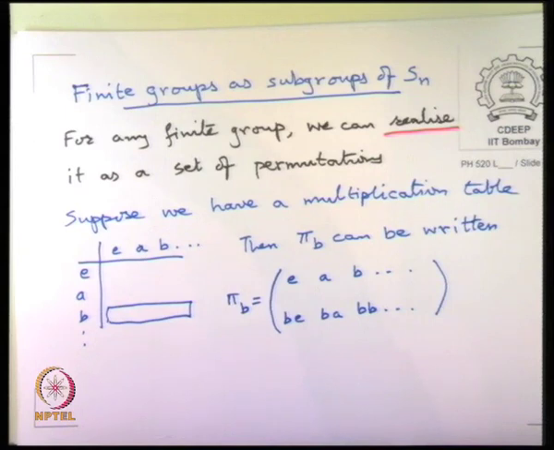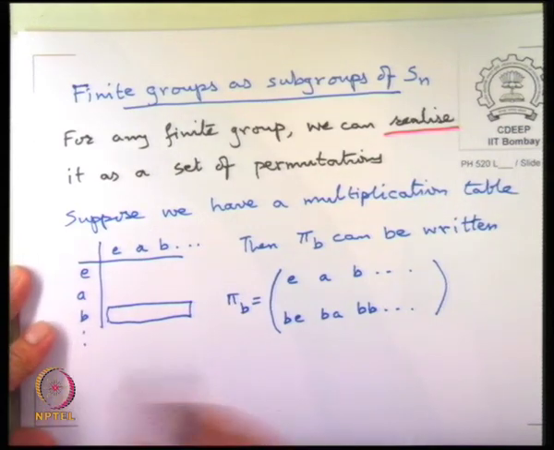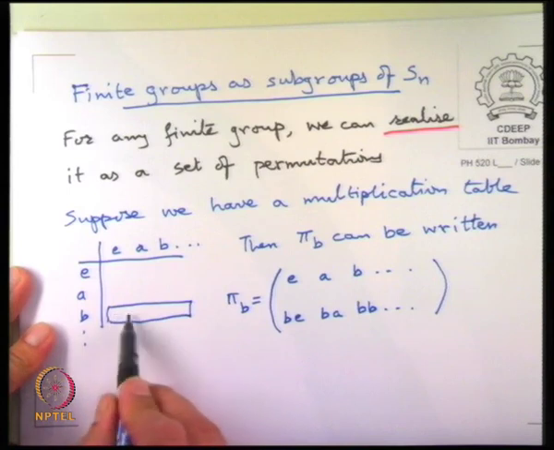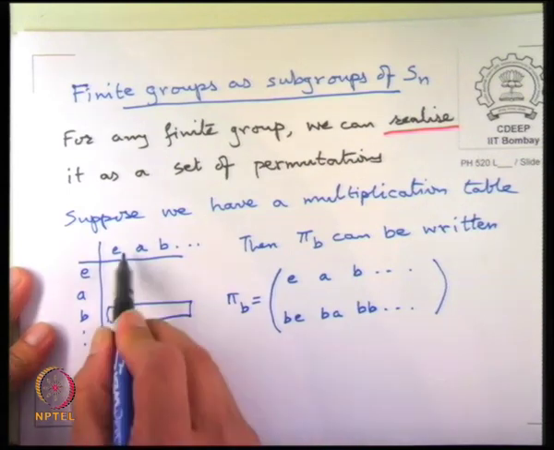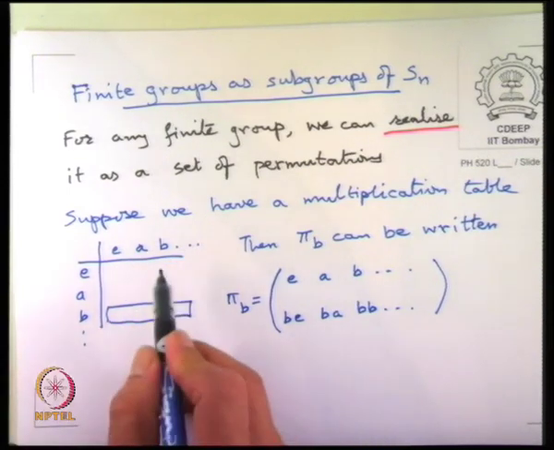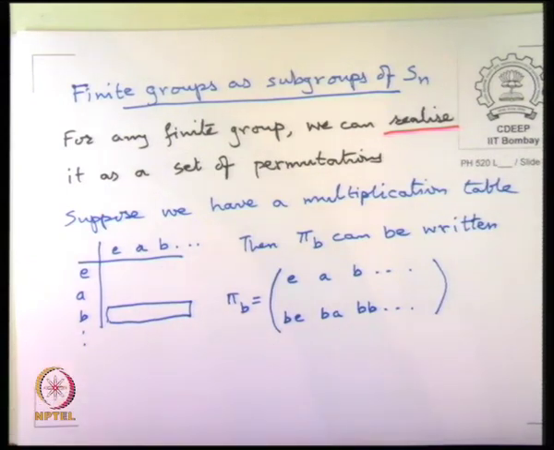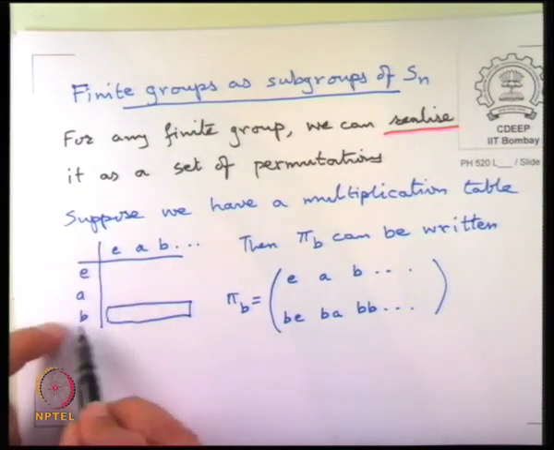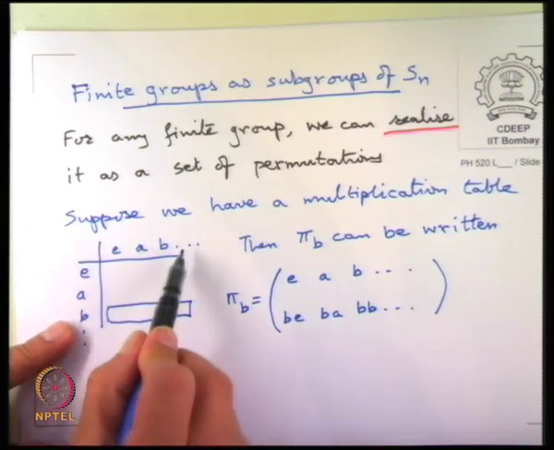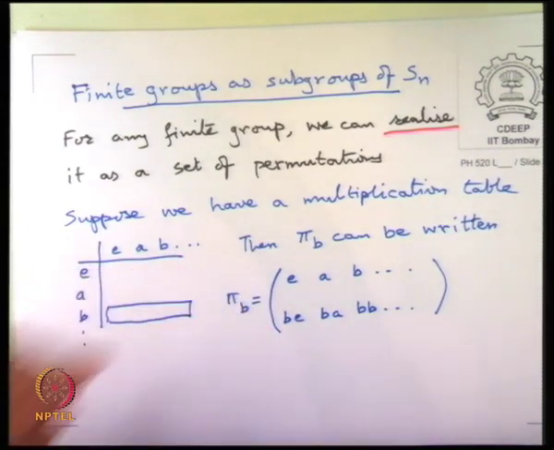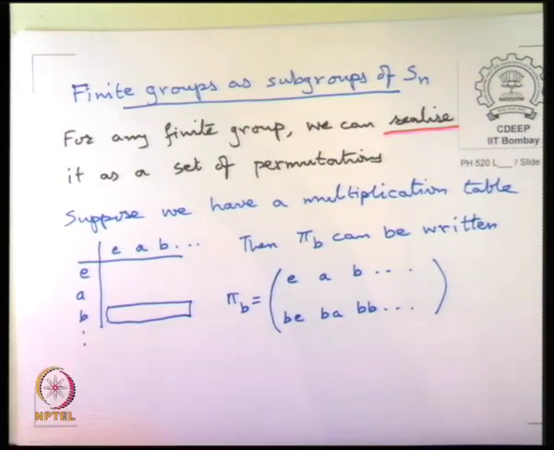Thus, and remember that this relies very crucially on the group properties, that the group multiplication gives unique answers. You can't have AB equal to C and AF also equal to C. So the effect of B multiplication here is exactly just a permutation, right, of the elements of this.